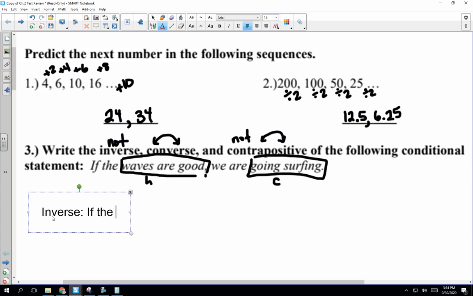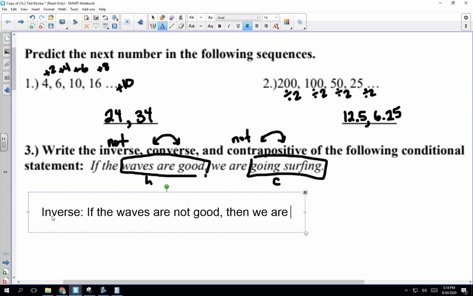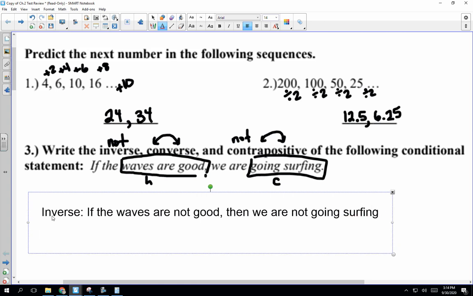So if the waves are not good, then we are not going surfing. Okay, so inverse puts the not in front of it. The converse is when we switch it.